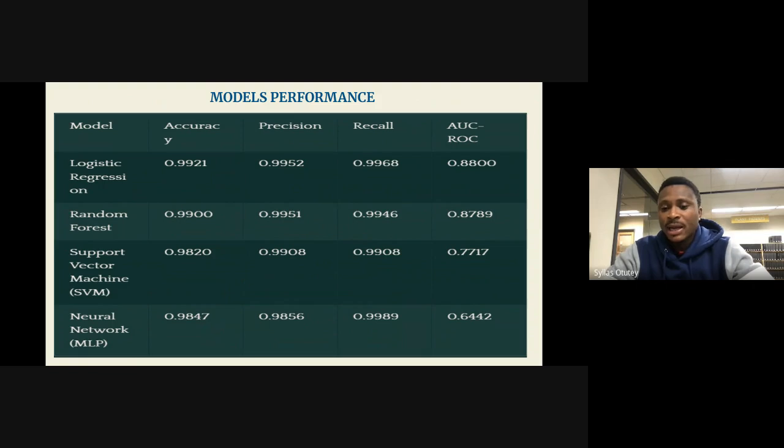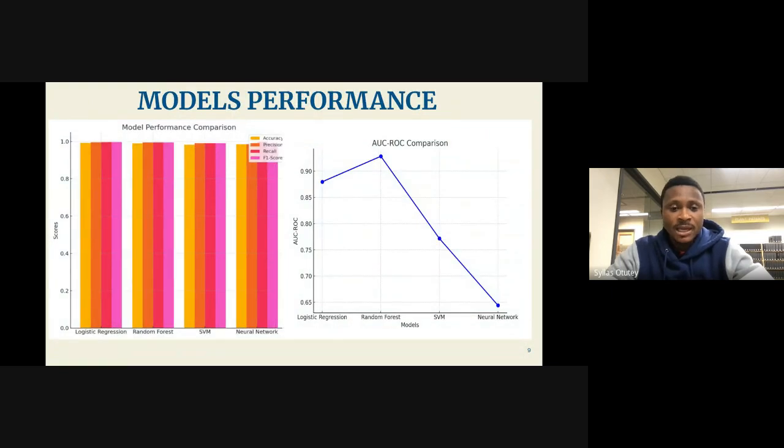With area under the curve, logistic regression had 88. Random forest had 87. Support vector machine had 77, whilst neural network, which is the least amongst all of them, had 64 as the area under the curve. This is the graphical presentation of our performance metrics for our models.